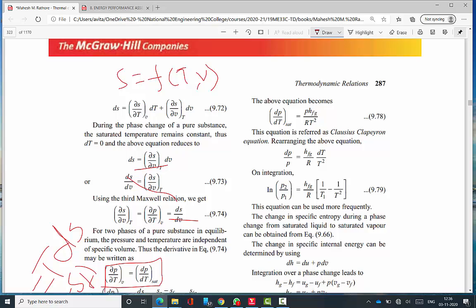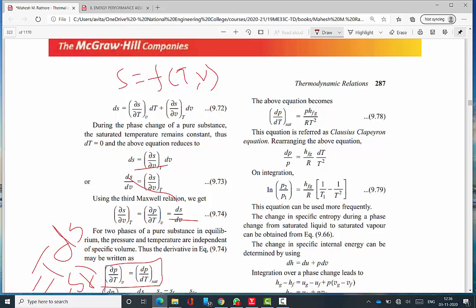Therefore minus 1 by T2 plus 1 by T1, rearranged as 1 by T1 minus 1 by T2. The T square is a small printing mistake. The equation can be used more frequently.